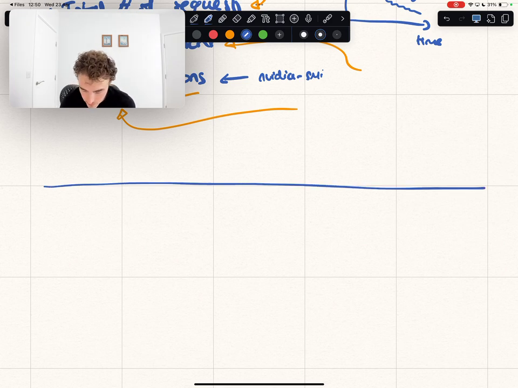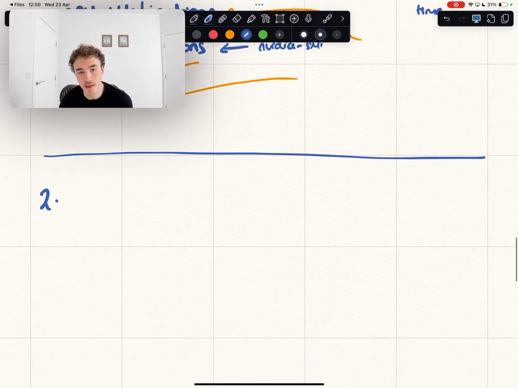So moving on, the second metric that is worth tracking is statistics on sequence lengths.